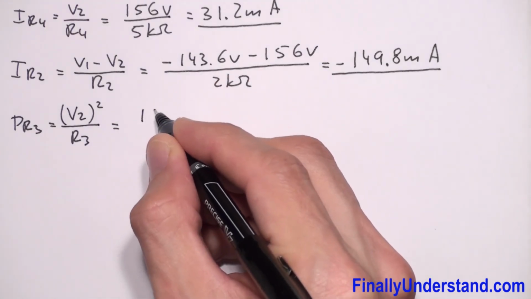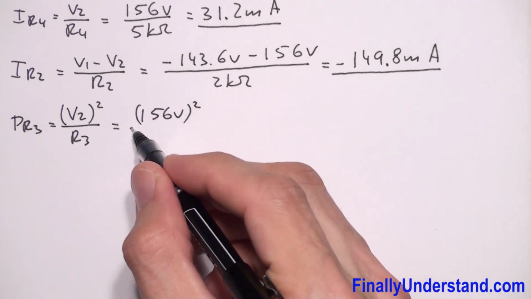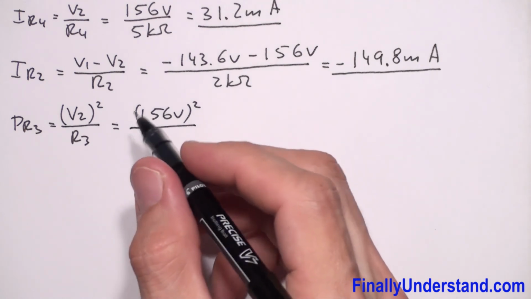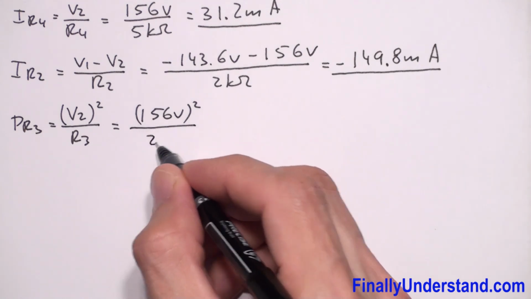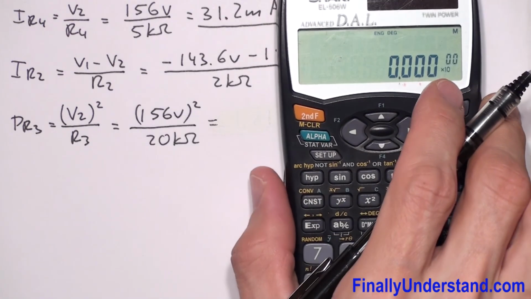So I have 156 volts raised to the second power divided by R3. And R3 in our problem is equal to 20 kilo-ohms.